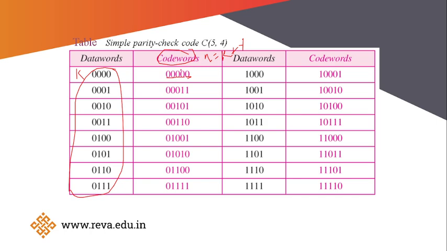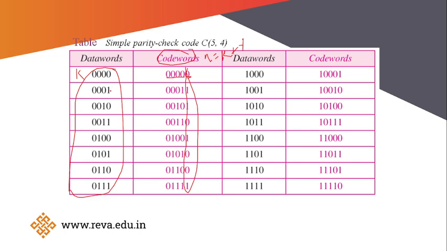But the question here is how the last bit, that is the redundancy bit, is added. It is very simple. If you see 0001, if there are an odd number of ones, then the function will make it an even number of ones.